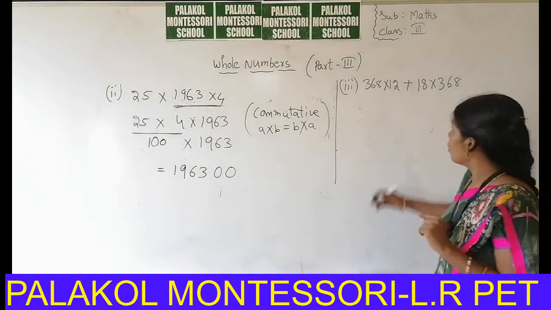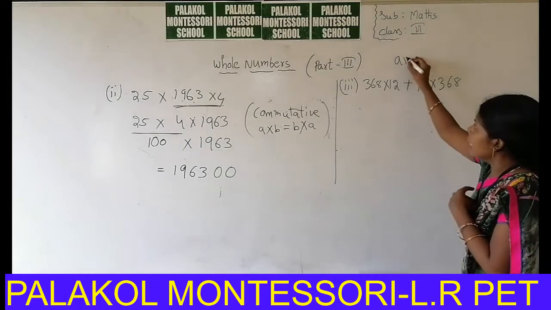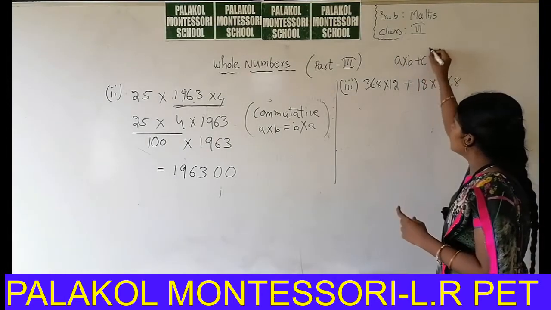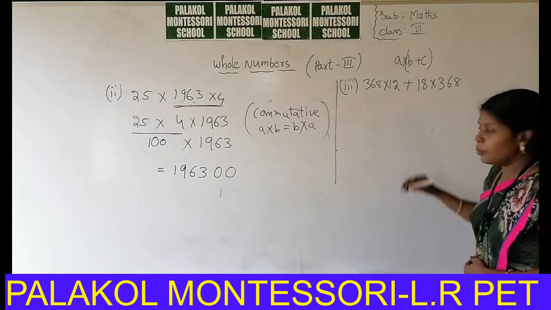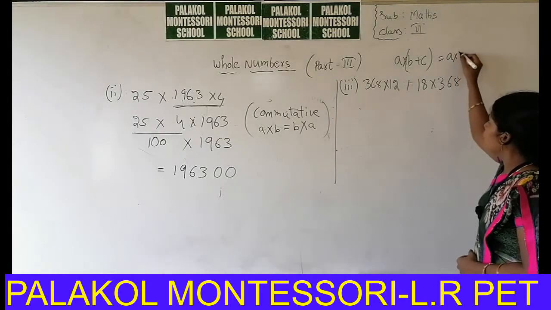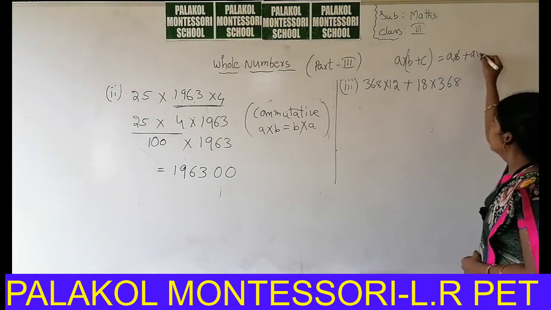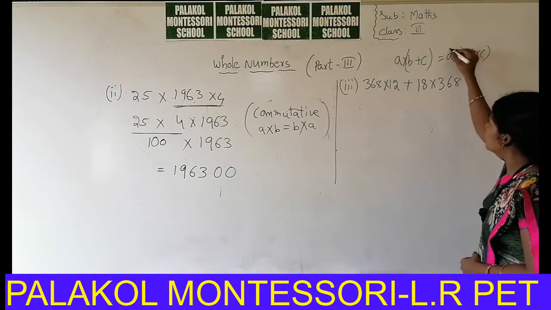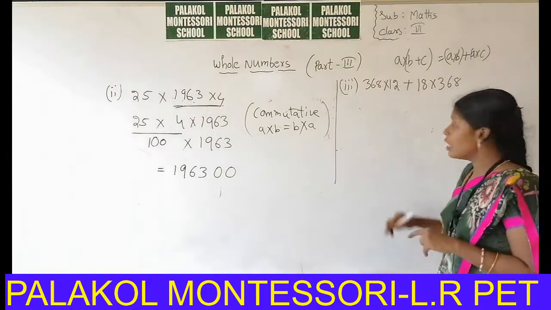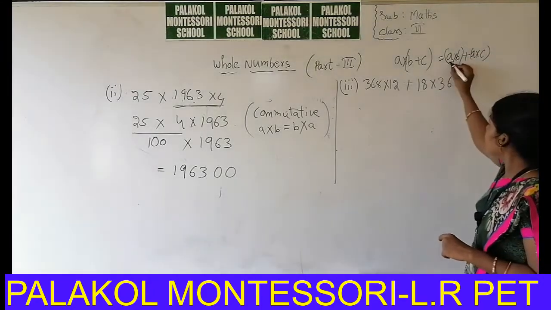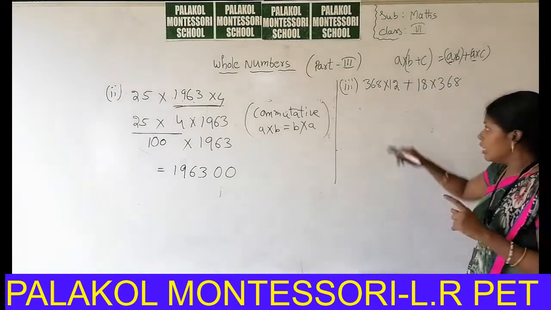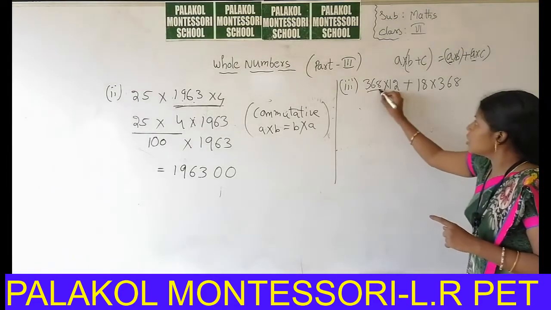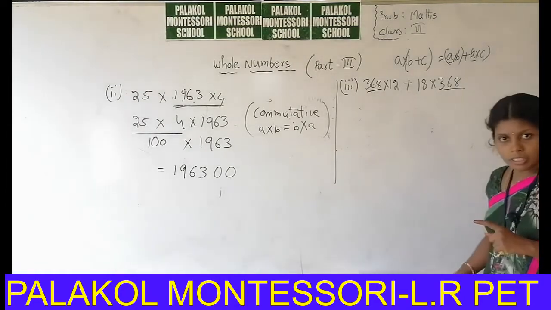In the distributive property, what is the formula? A into B plus C is equal to A into B plus A into C. This is the distributive formula. In this problem, 368 comes 2 times.